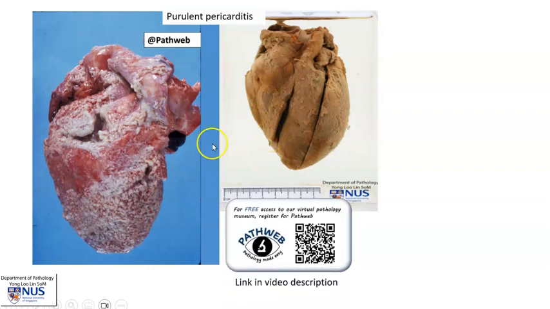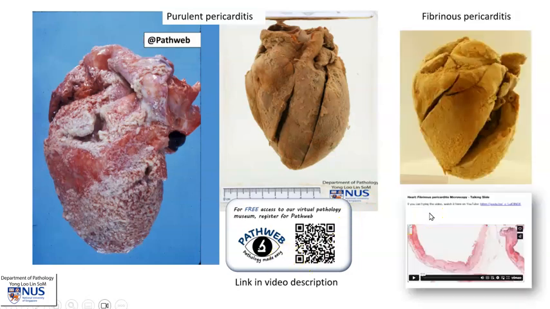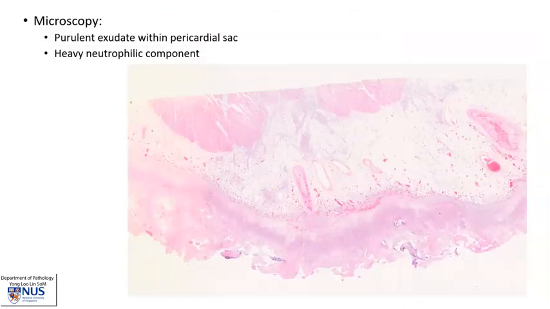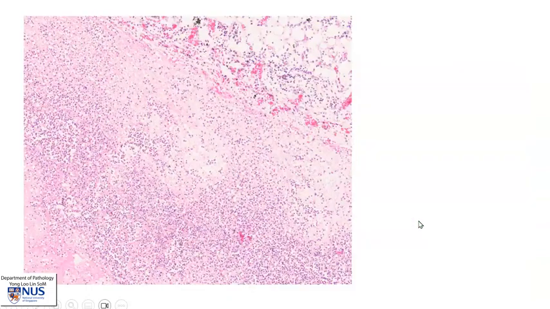This virtual pathology specimen and picture is taken from, again, Pathweb, our free online pathology resource. And you can also compare and contrast this with a different case of fibrinous pericarditis, which shows more fibrinous exudates rather than dense neutrophilic infiltrates. So just to summarize the microscopic features, we can see these purulent exudates within the pericardial sac and coating the surface of the visceral pericardium, composed of a very heavy neutrophilic component as well as fibrin and necrotic cellular debris.